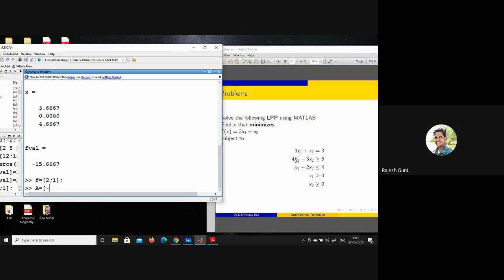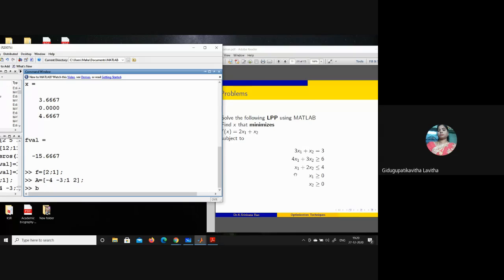These two are inequality constraints. We have to convert it to less than or equal to: minus 4, minus 3; 1, 2. That is capital A.